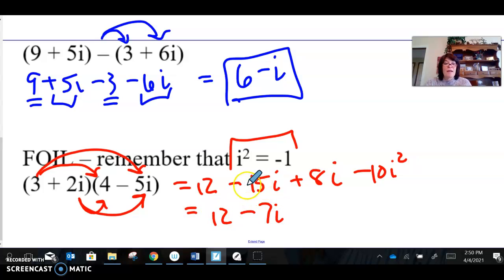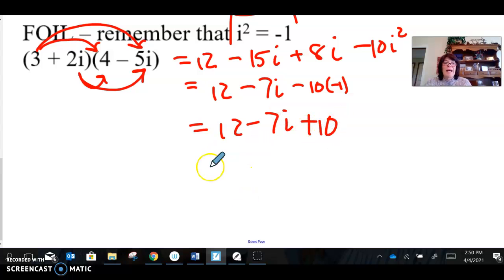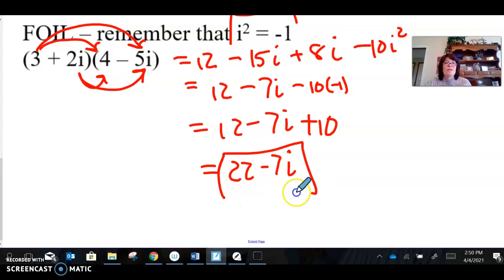I'm going to combine my i's here. Negative 15i plus 8i is negative 7i. And here I have negative 10 times negative 1, which is positive 10. I can add the 12 and 10 and get 22. So the answer is 22 minus 7i.